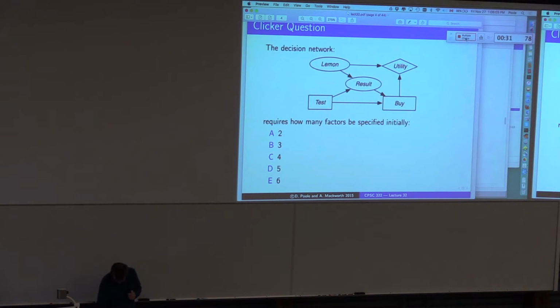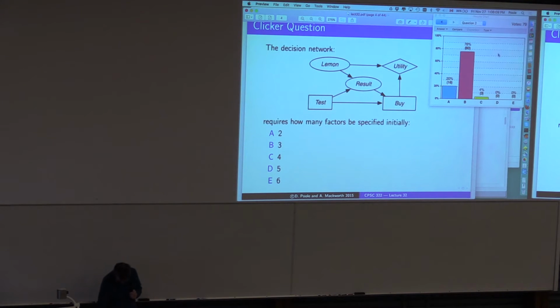Okay, 3, 2, 1. Yes, it requires 3. Does everyone understand why it requires 3? There are 2 conditional probabilities and the utility function. Any questions about that? So that's all the factors. There's always one more than the number of conditional probabilities.